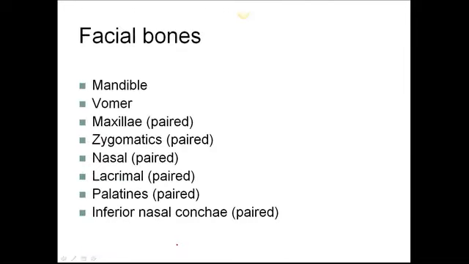So the facial bones are the mandible, the vomer, the maxilla, and it looks like one bone, but it's left and right halves. Zygomatic bones, those are paired. The nasal bones, the lacrimals, the palatines, and the inferior nasal concha. It doesn't really matter that you know that they're paired. That's trivia, and only if you're a facial-maxillary surgeon would you need to know that.